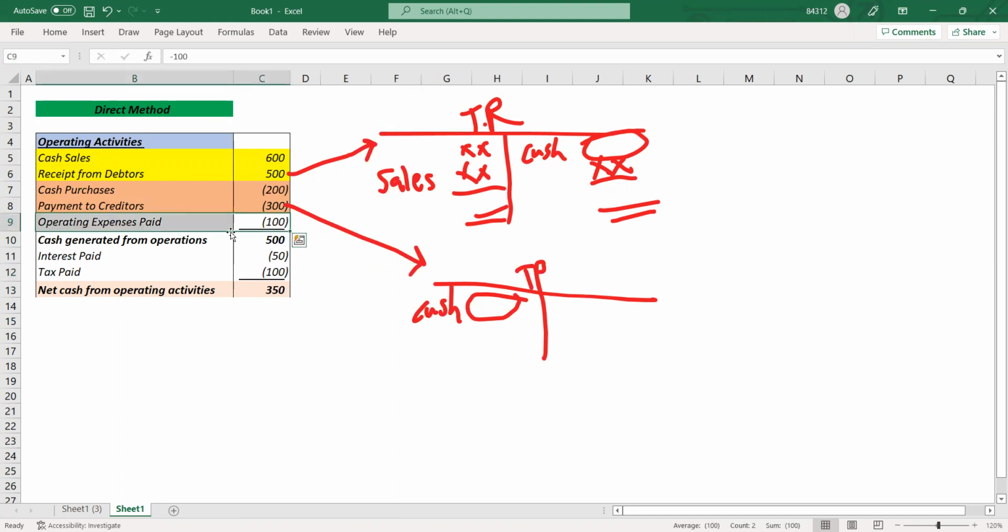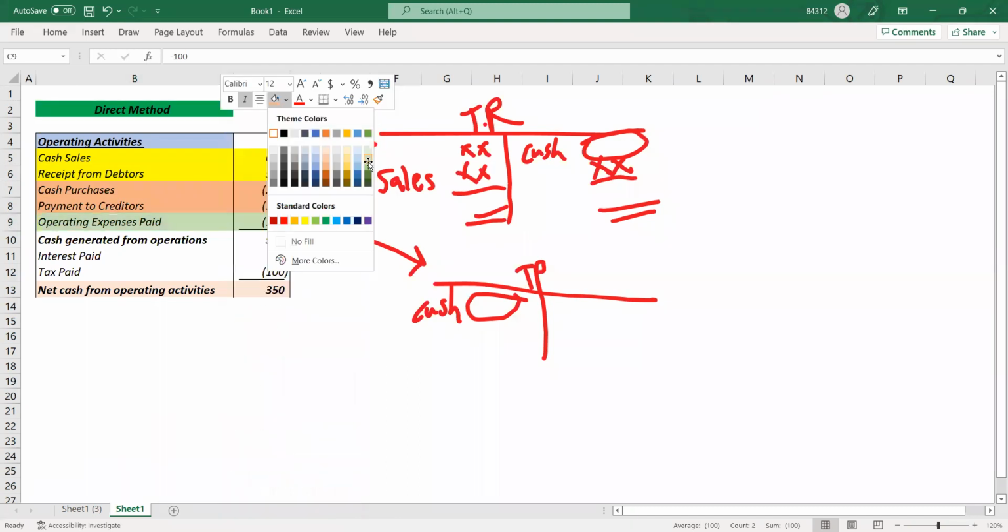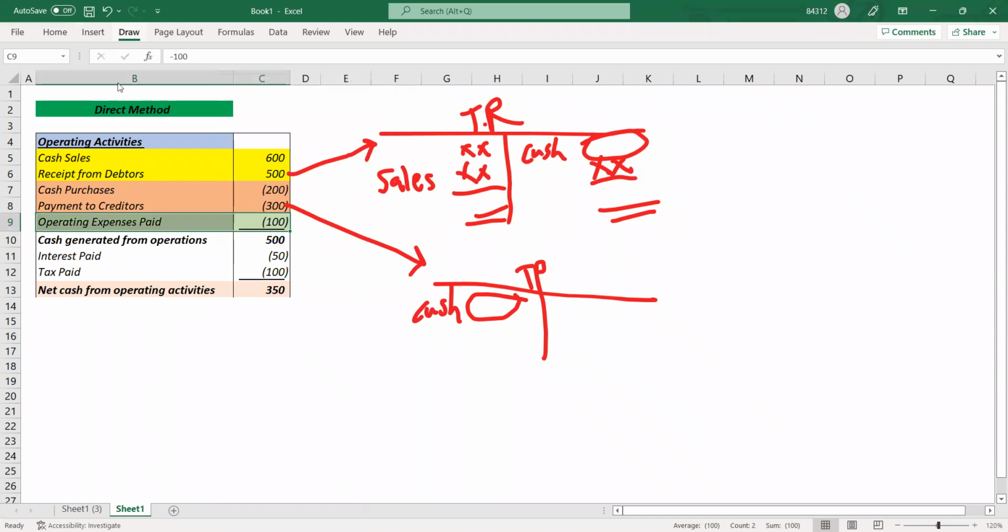And to identify the expenses paid, you can prepare an expense account. It's a common account, a control account. Using that, you can find out the expense paid for the year.